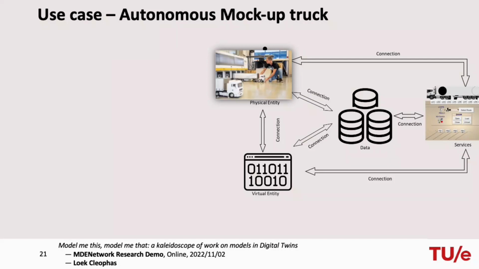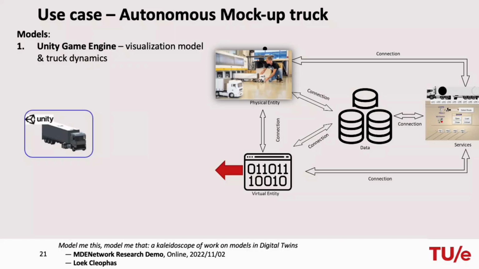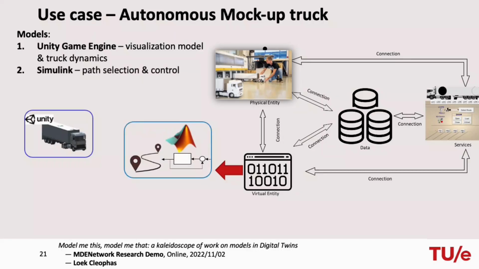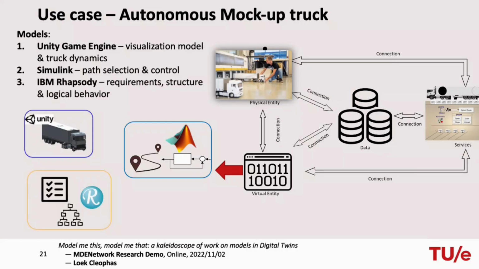There is a dashboard to visualize and control the actual physical entity, and there already was a virtual entity based on models: a 3D model in Unity for the visualization and dynamics of the truck, a Simulink model, a monolithic one, for path selection and control, as well as IBM Rhapsody for requirements, overall structure and logical behavior.